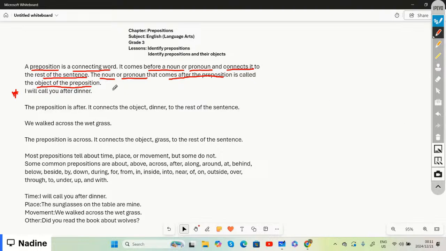That word after is our preposition, because you're basically asking, when are you going to call me? After dinner. So after is our preposition, and it connects the object, which is dinner, to the rest of the sentence. When are you going to call me? After. After what? Dinner.